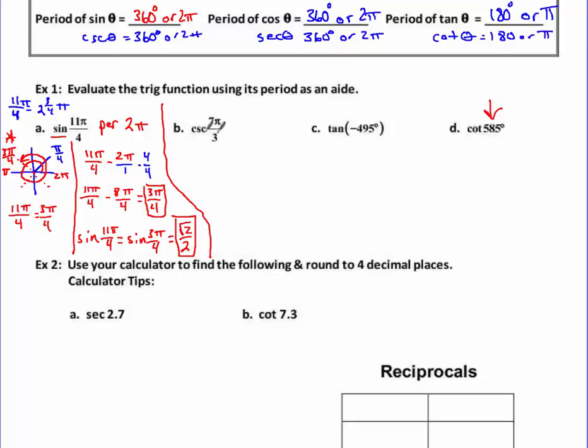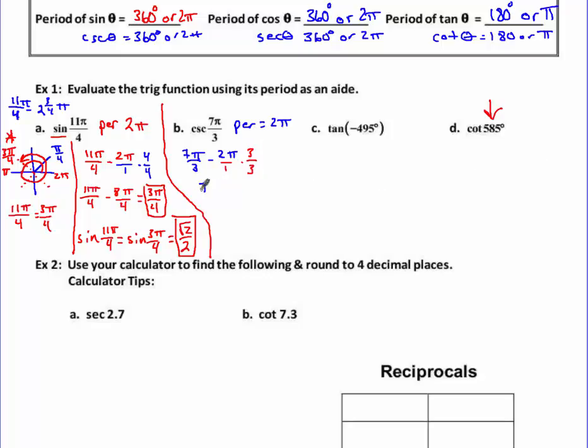All right, now we'll try this one. Cosecant of 7 pi over 3. Well, cosecant, our period is 2 pi. So we're going to start with 7 pi over 3 minus 2 pi. Need to get a common denominator, so this is 2 pi over 1. So we need a 3 on the bottom.